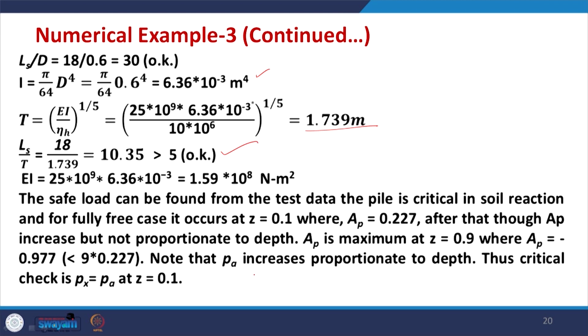Then again you calculate the value of EI, which comes out to be this one, and we also use it here. Then the safe load needs to be calculated. Now, the safe load is that load where you do not exceed any check, that means the load up to which your deflections are within the permissible limit, your bending stress is within the permissible limit, and soil reaction at any depth along the pile is less than the allowable values.